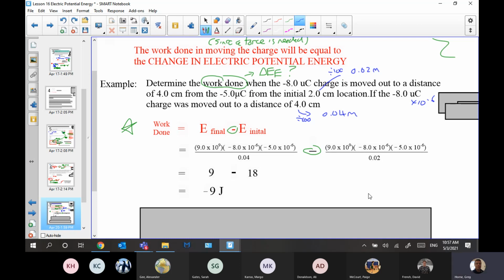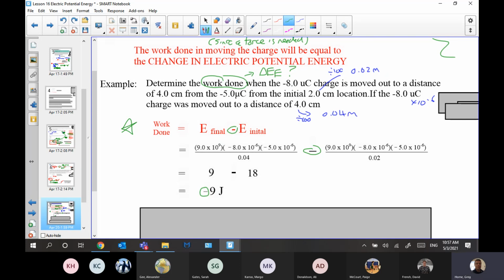So what does the negative 9 mean? What does it mean that it's negative? Anybody? In this scenario, the work done was negative, so we want to think: did we store more energy in the system as we moved to 4, or did energy release from the system?